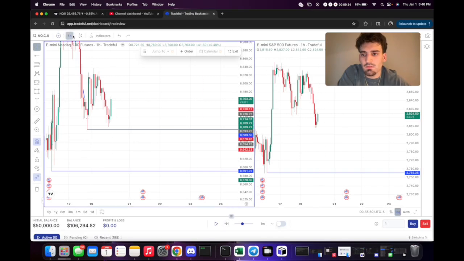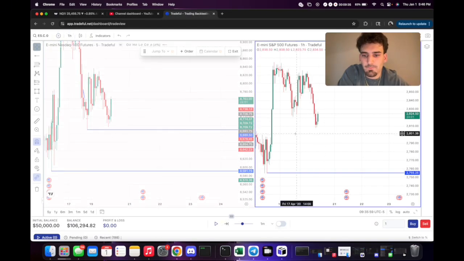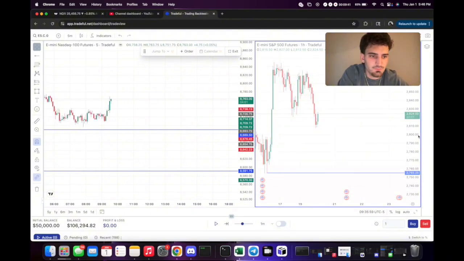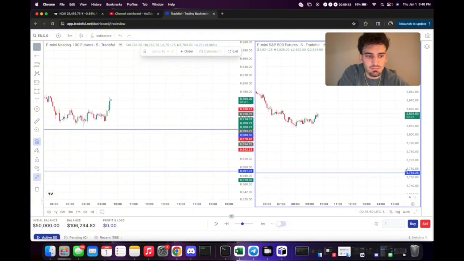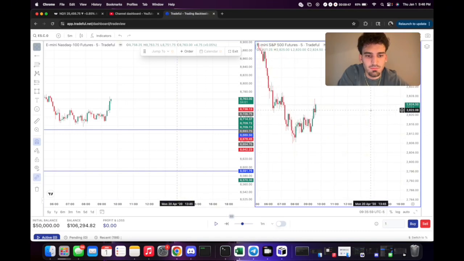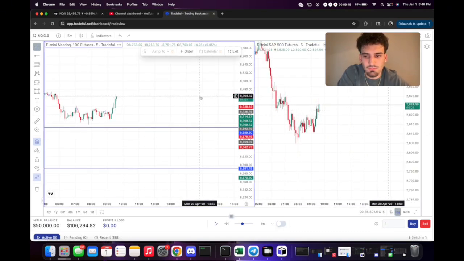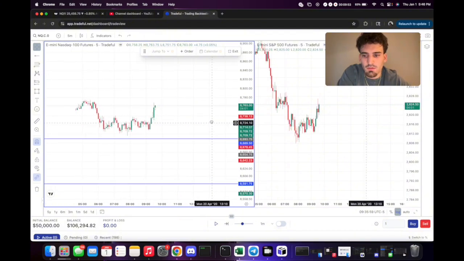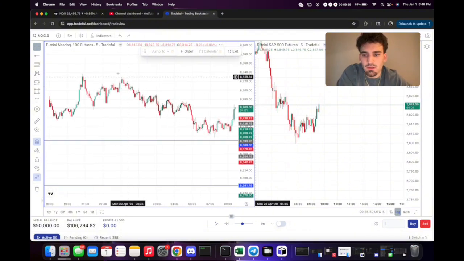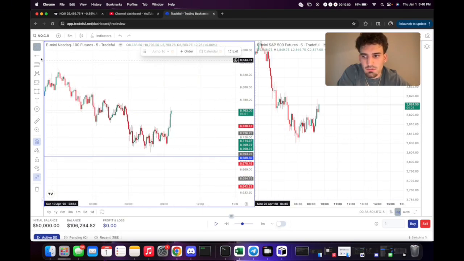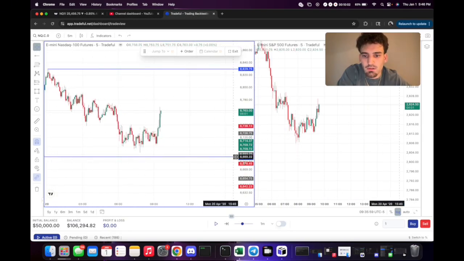Let's go to the 5-minute chart. So we do have a lot of stacked highs resting above, so that could also be a good drawn liquidity.